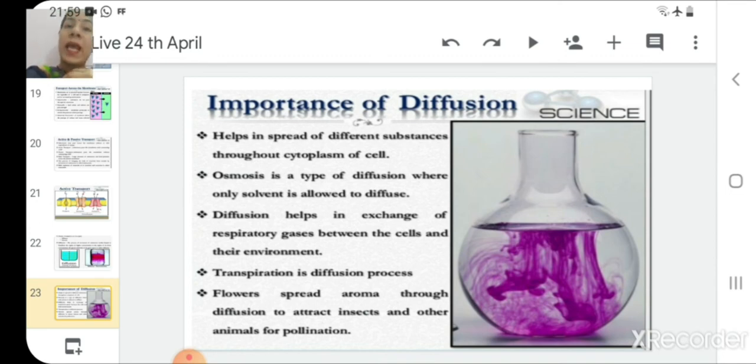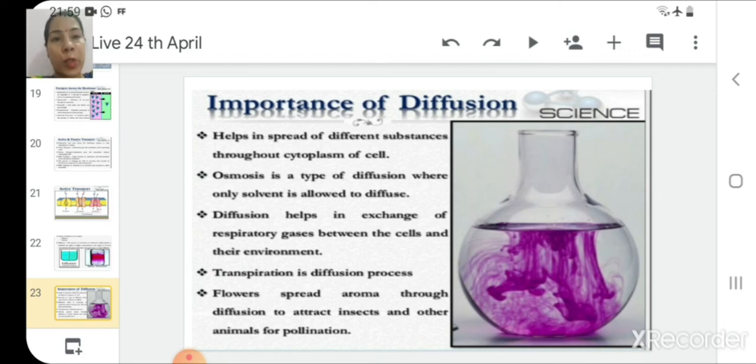As a result of this difference in concentration, CO2 gas moves from higher concentration to lower concentration, from the blood to your lungs, and you exhale that air. So movement of oxygen and carbon dioxide takes place in your body because of the diffusion process only.